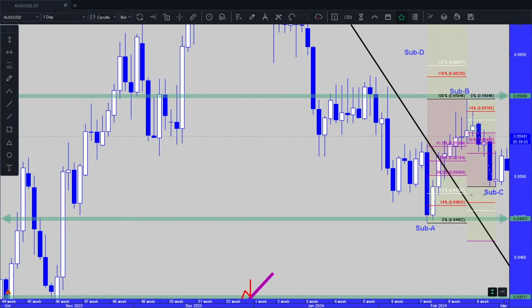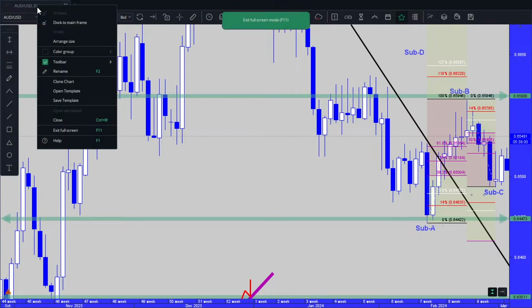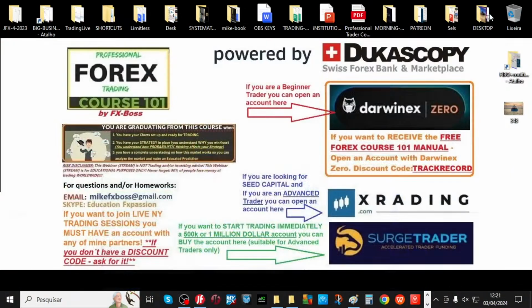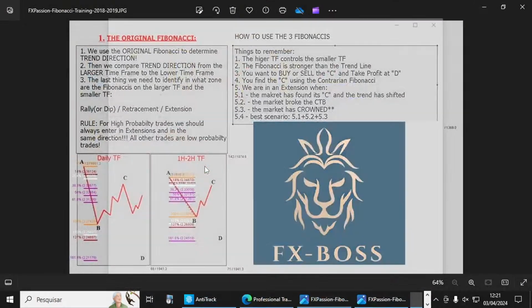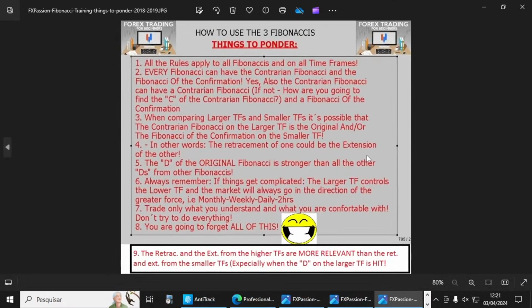Does this make sense to you? If you are following the classes correctly for the last 2 months, you've seen this picture, alright? And all the rules apply to all Fibonacci's on all time frames.